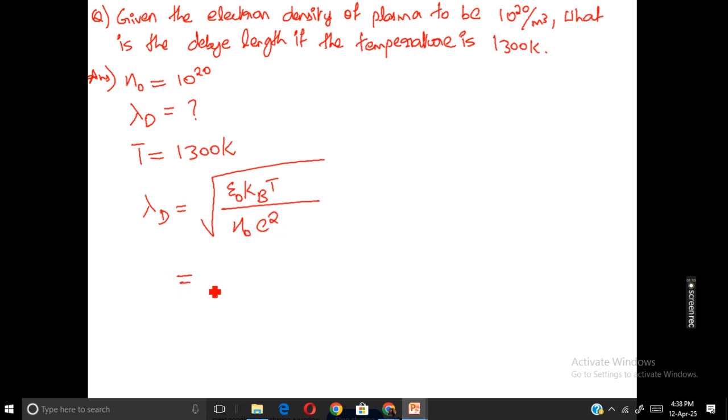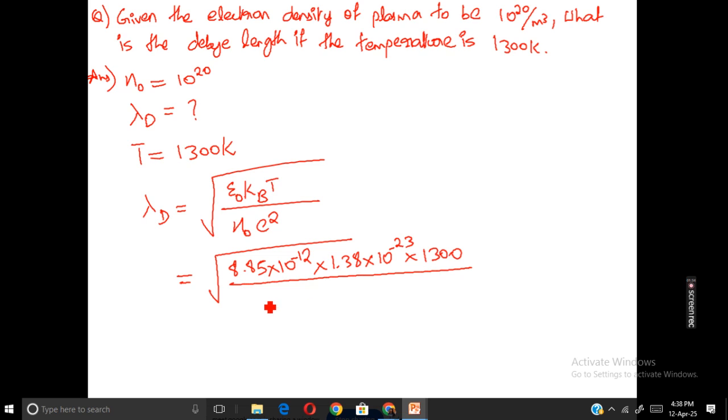If we substitute, it will become 8.85 into 10 raised to minus 12 into 1.38 into 10 raised to minus 23 into 1300 divided by n0, which is 10 raised to 20, into 1.6 into 10 raised to minus 19. This is the charge of the electron. The answer will be 2.49 into 10 raised to minus 7.